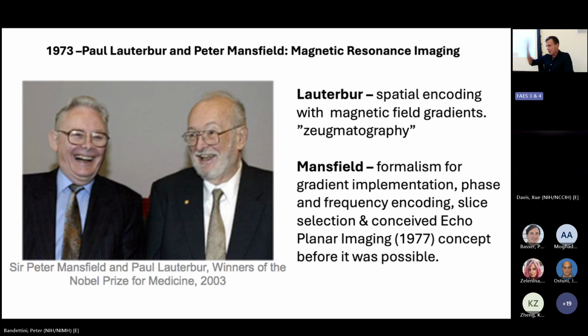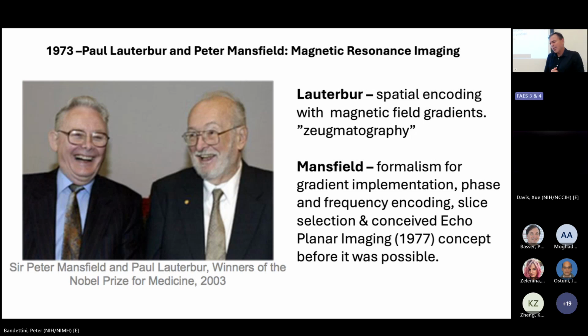If you give an RF pulse to spins that are precessing in a magnet, and you apply gradients, there's now a magnetic field in proportion to where it's located. So there's a weaker magnetic field on one side of the board, a higher magnetic field on the other. So you can spatially encode the spins by causing them to precess at different frequencies, depending on where they are in the board. We'll get into that a little bit when talking about the basics of MRI.